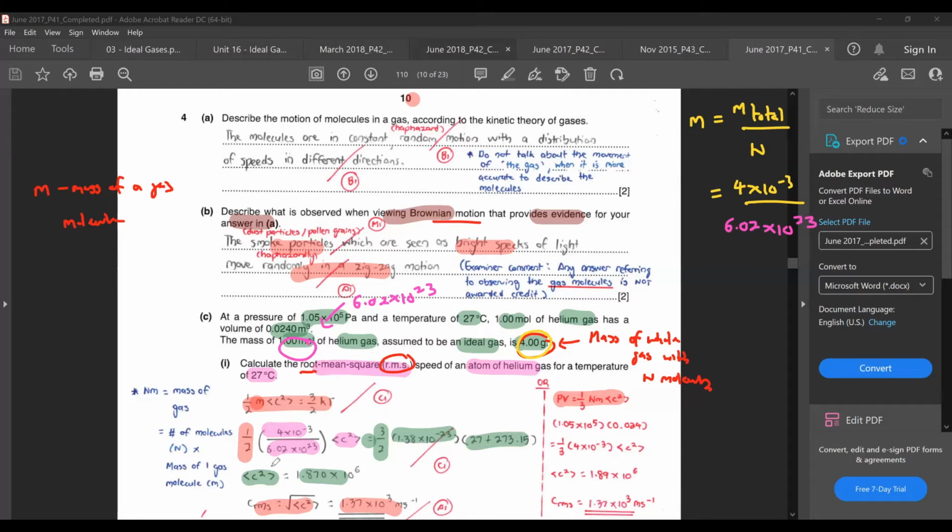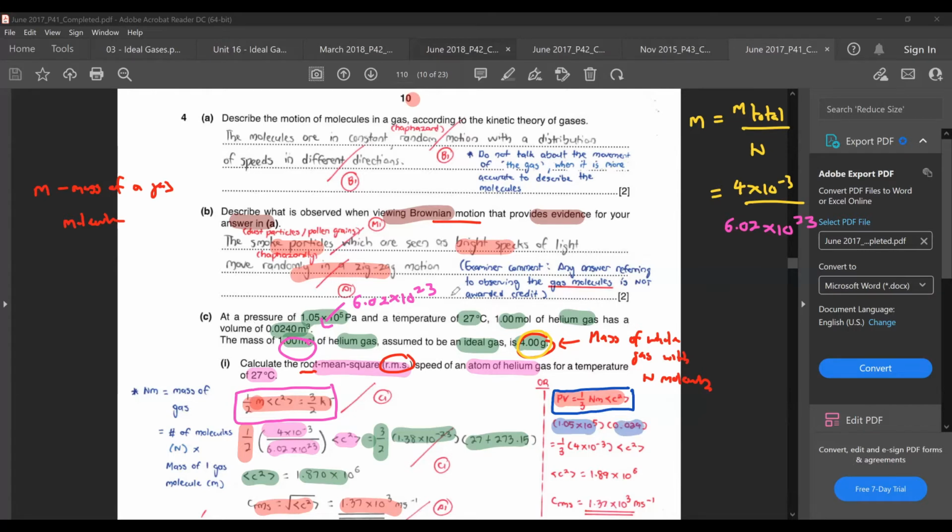Now this one is if you're using half mc square equals 3 over 2 kT. You could have actually used another separate equation also if you wanted to. You could have also used PV equals 1 over 3 Nmc square, which gives you your mean square speed. Here, this one might actually be easier. P is your pressure, 1.05 times 10 power 5.